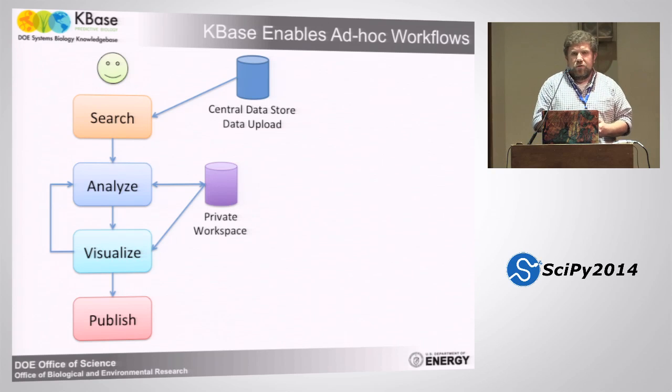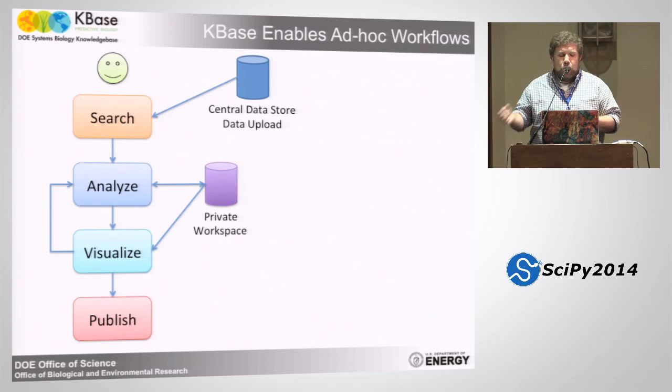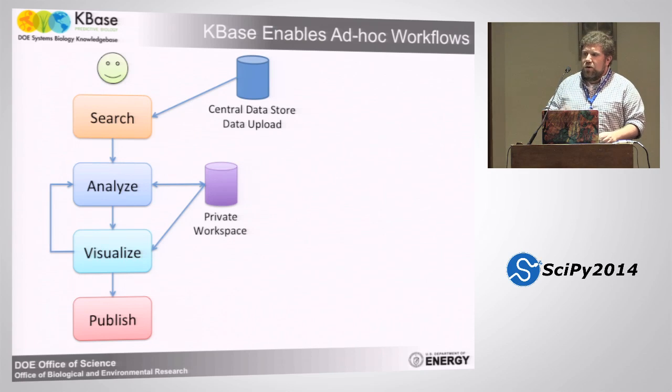Maybe you have, for example, a series of sequence reads that you've made from an environmental isolate. Bring that into your workspace, analyze it, perhaps assemble these reads together using various algorithms into a genome, and be able to visualize that genome, decide do you like it, go on further and build, for example, a metabolic model out of it, and try to predict how that model would behave in different environments, and eventually go on and publish this whole thing.